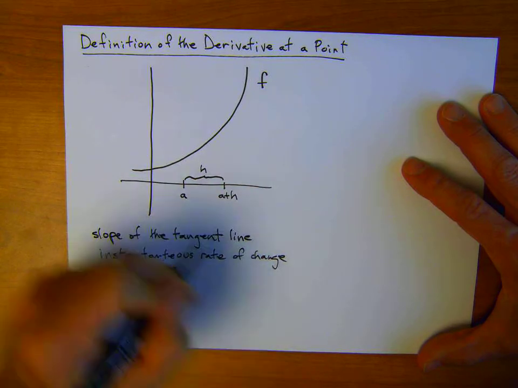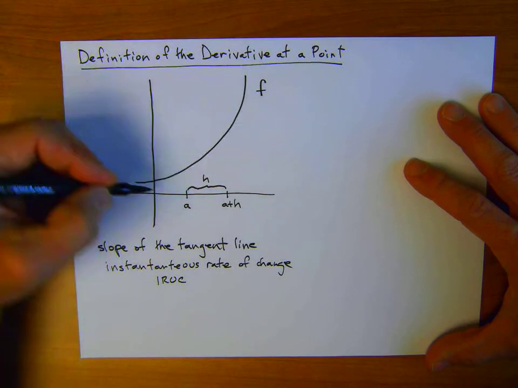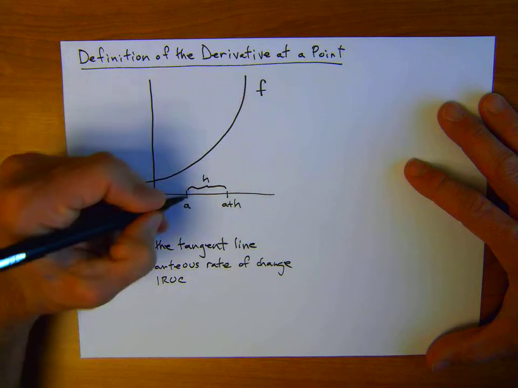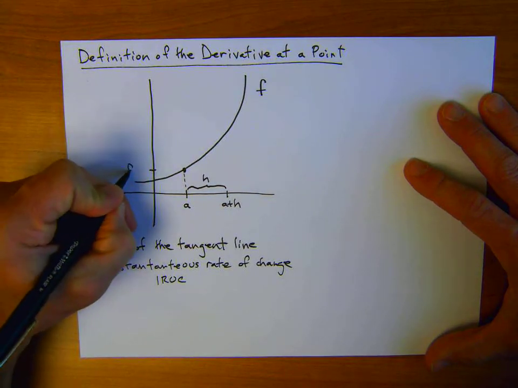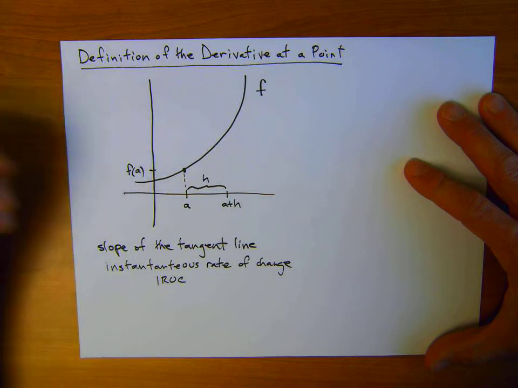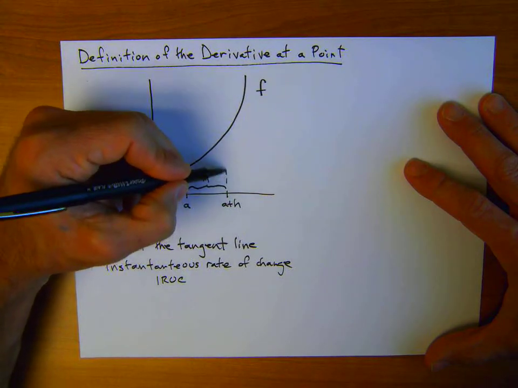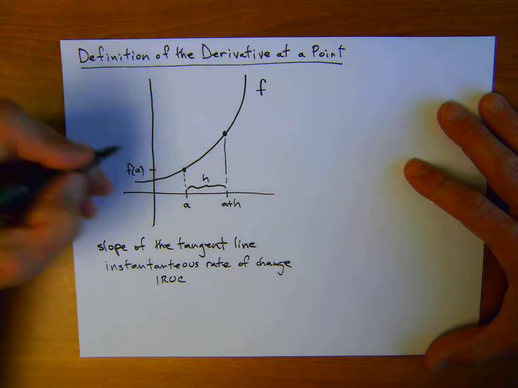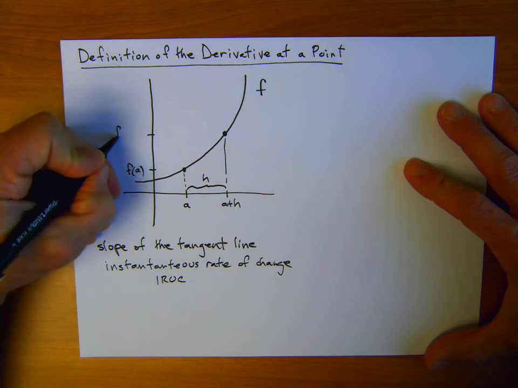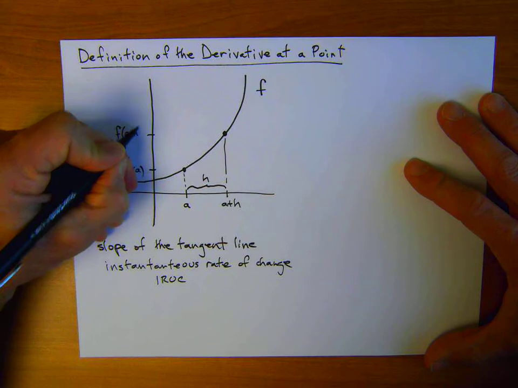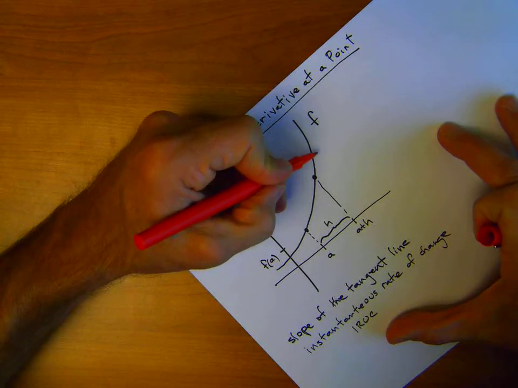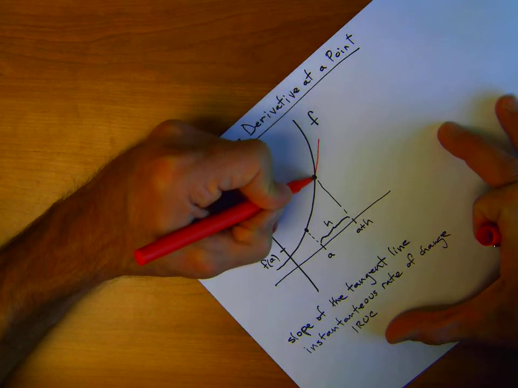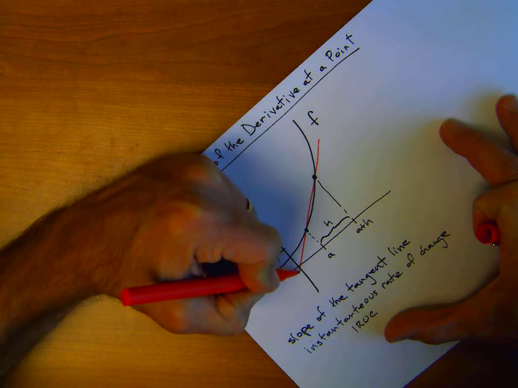Now this function is defined at each of these points in the domain, so we can go up to the function and find this point. On the y-axis, this is the function value at a, and similarly, we can come up here and find the function value at a plus h. If I pull out another color, I can draw in a line connecting these two points.